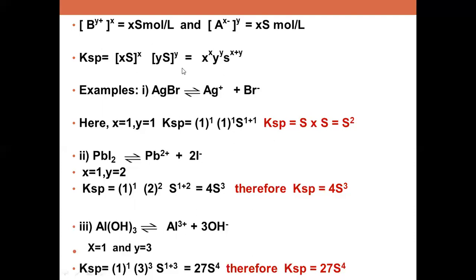Therefore this is the equation for determination of Ksp.